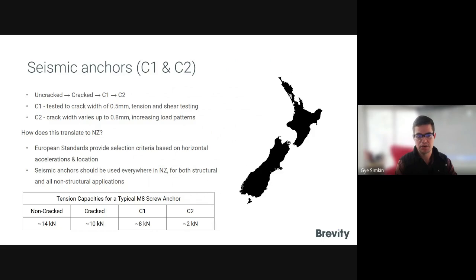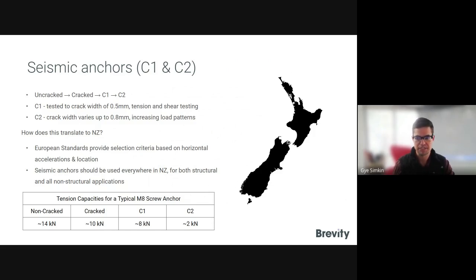These standards also define specific limits, and the Euro codes can be translated to the New Zealand equivalent, like NZS 1170.5. It basically means that C2 rated seismic anchors should be used everywhere in New Zealand for both structural and non-structural applications.